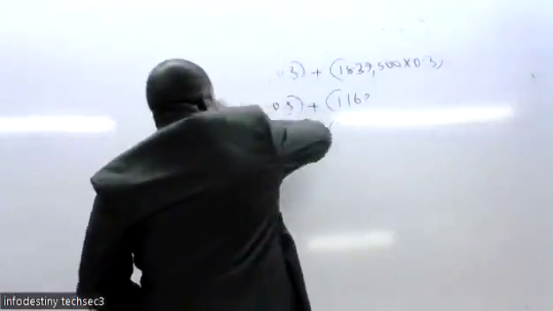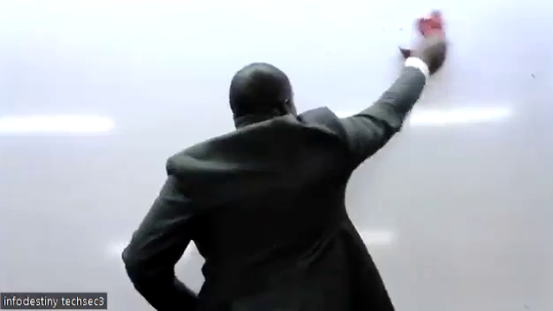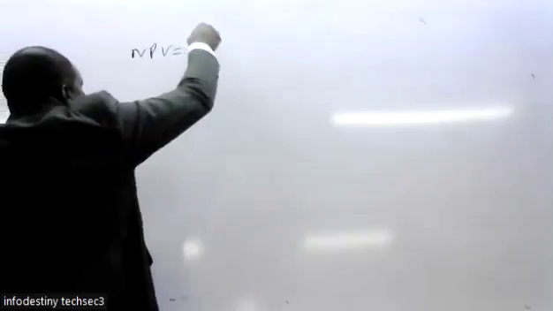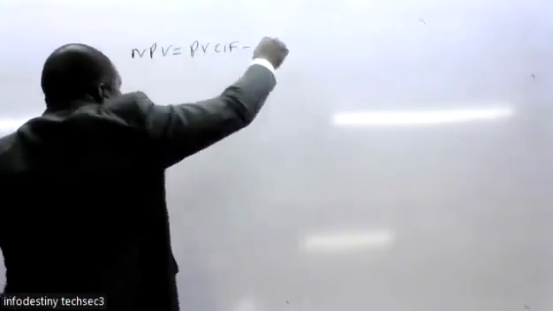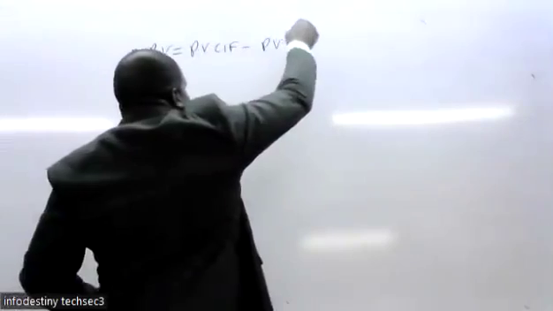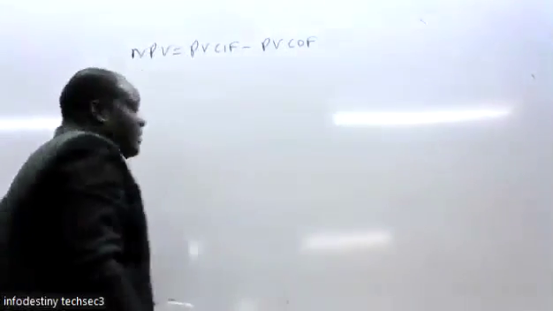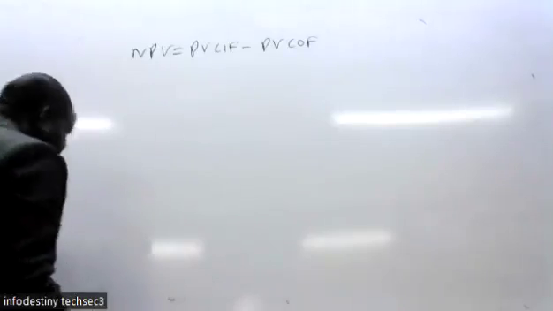NPV is given by the present value for the cash inflows minus the present value for the cash outflows.